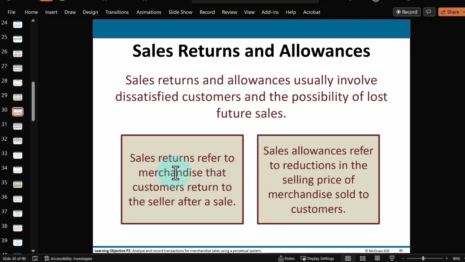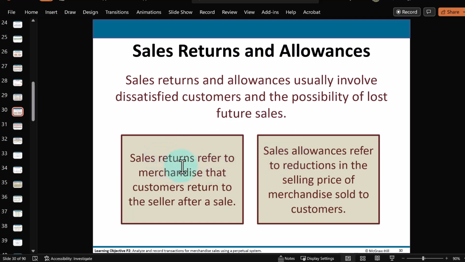Here we have taking back returned items from the customer. Okay? They don't like it or something's wrong with it, so we take it back. Or here, we tell them to keep that item, but we're going to reduce the price, and that's called an allowance. Now, in both cases, we're reducing the amount we're going to collect from the customer.